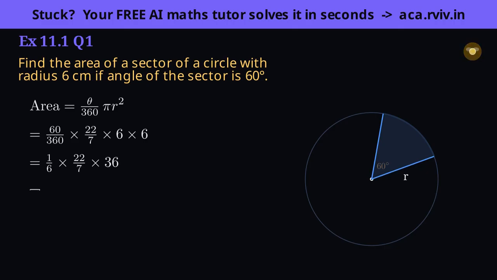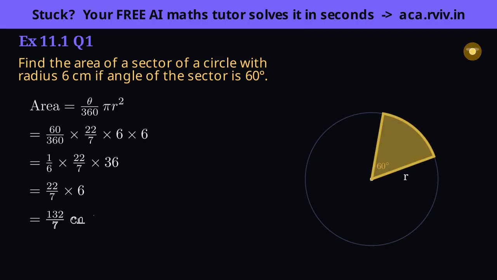Now use that 1/6. 36 divided by 6 is 6, so the big number shrinks before we multiply. Simplifying early keeps the arithmetic small and mistakes rare. Finally multiply 22/7 by 6 to reach the answer, 132/7 square centimeters.